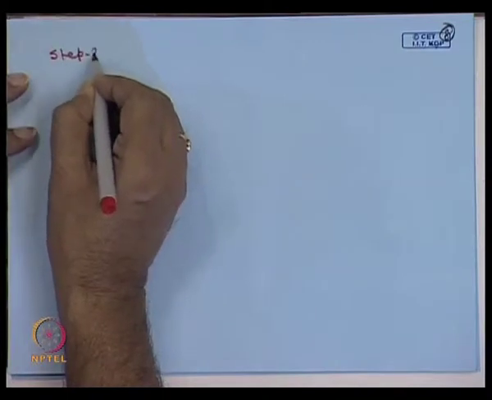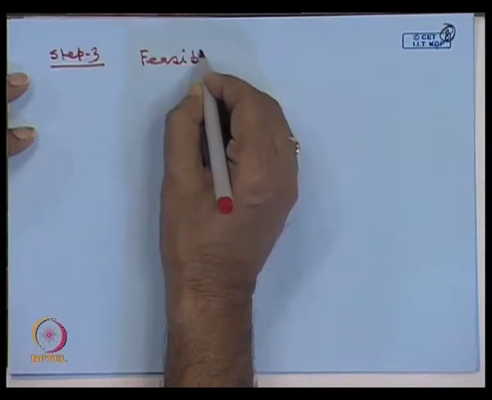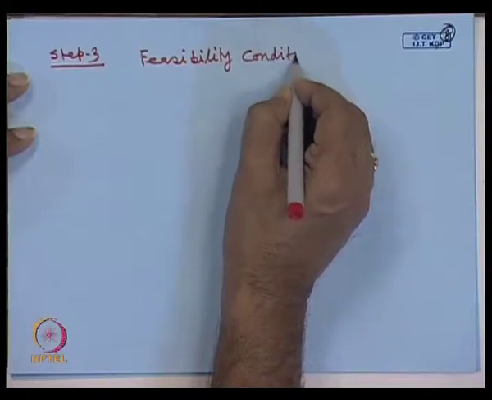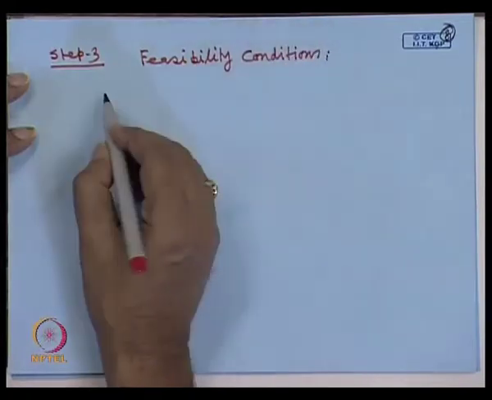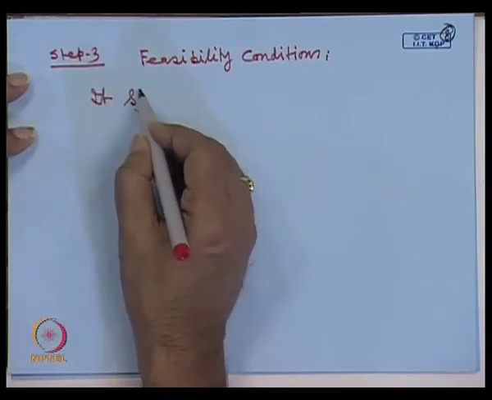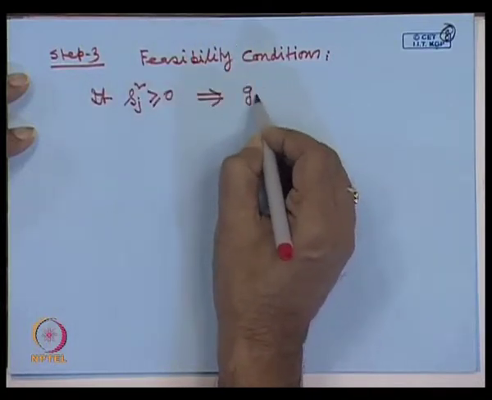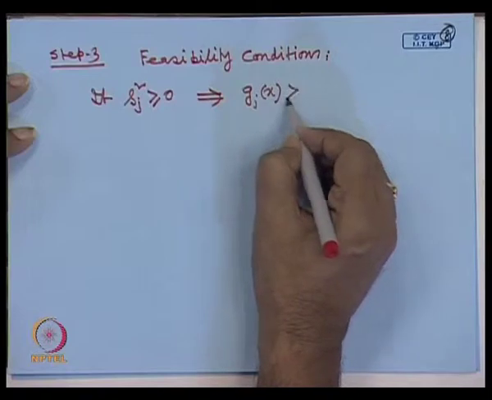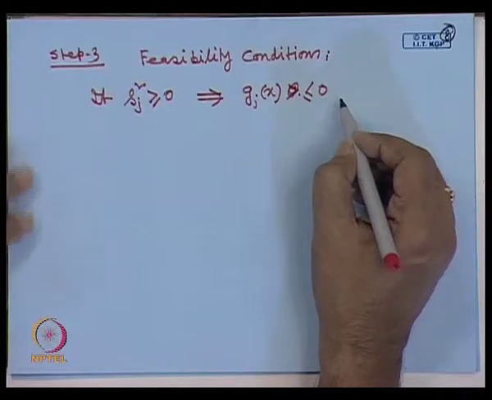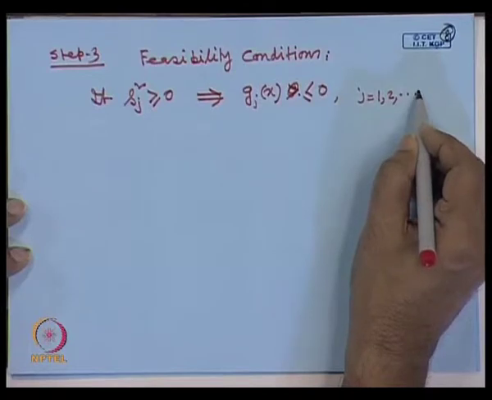Then step 3, feasibility check conditions. If S j square is greater than or equal to 0, this implies g j of x, as I have explained earlier also, is less than or equal to 0, and this is for j is equal to 1 to m.